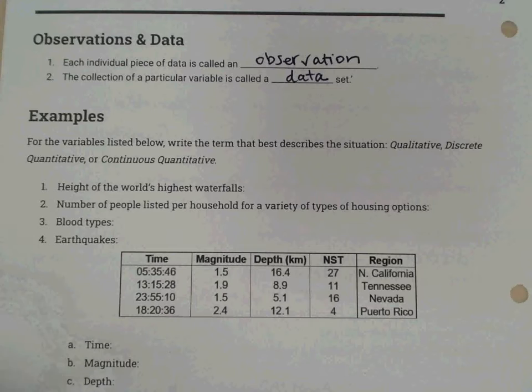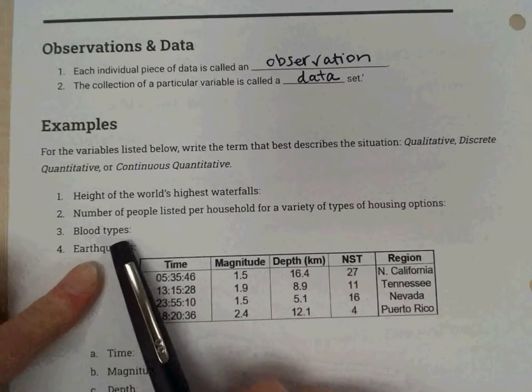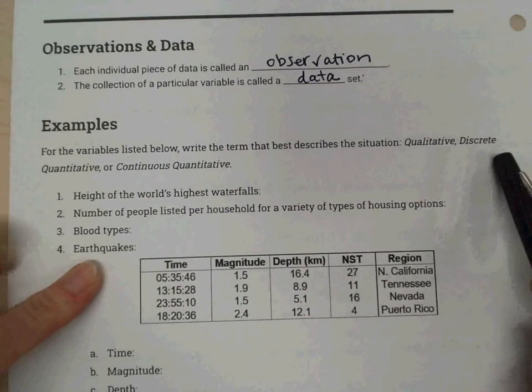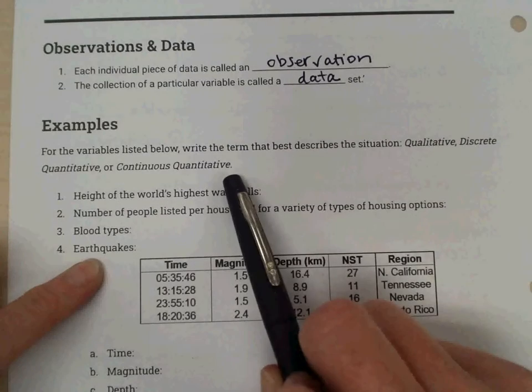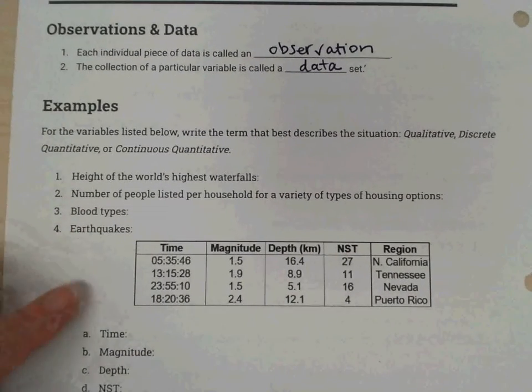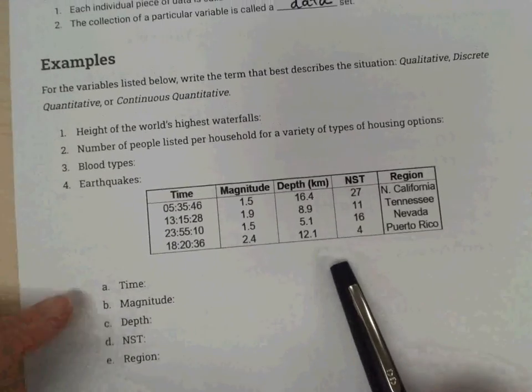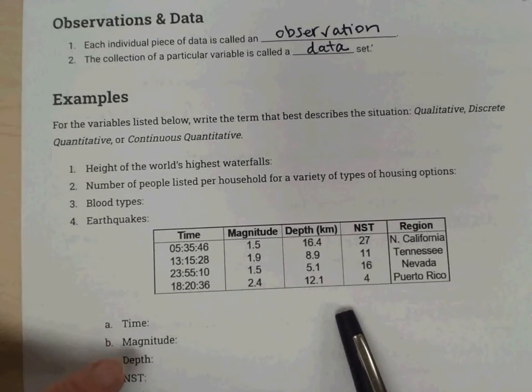So I'm going to have you all talk with the person sitting next to you about each one of these examples. So 1 through 3, qualitative, discrete quantitative, or continuous quantitative. Earthquakes, then, you see the chart and then you see the different breakdown. Time is pretty obvious.